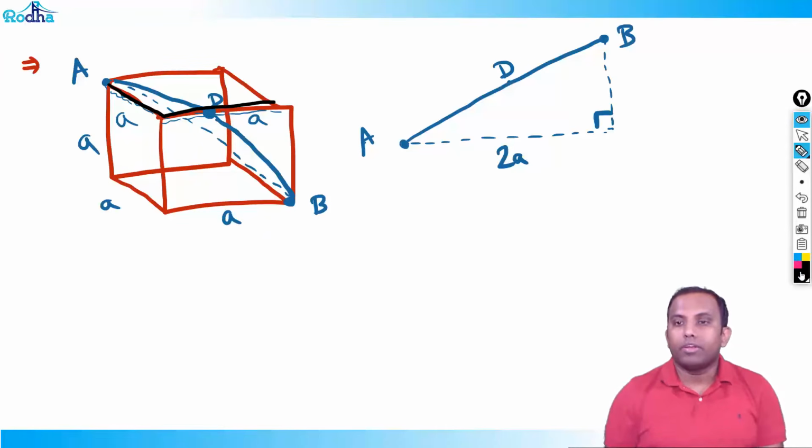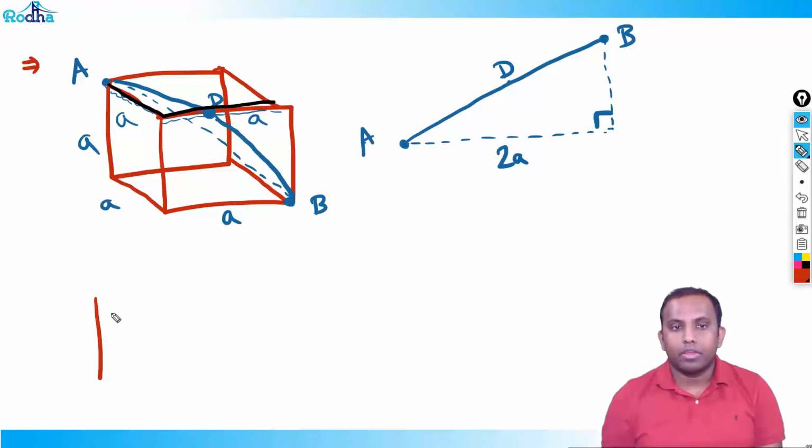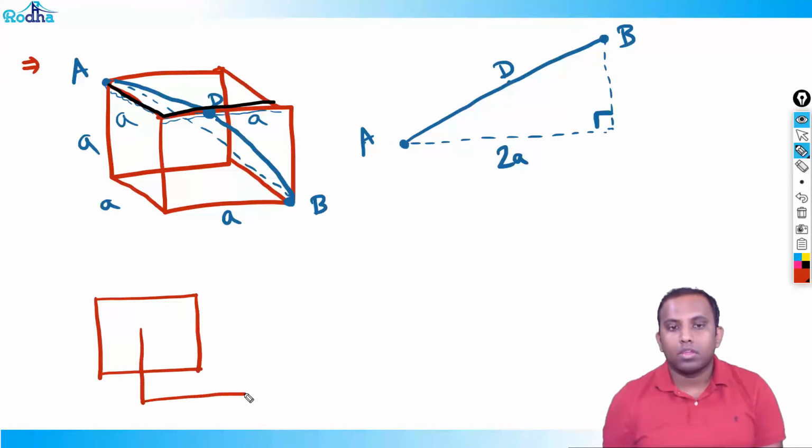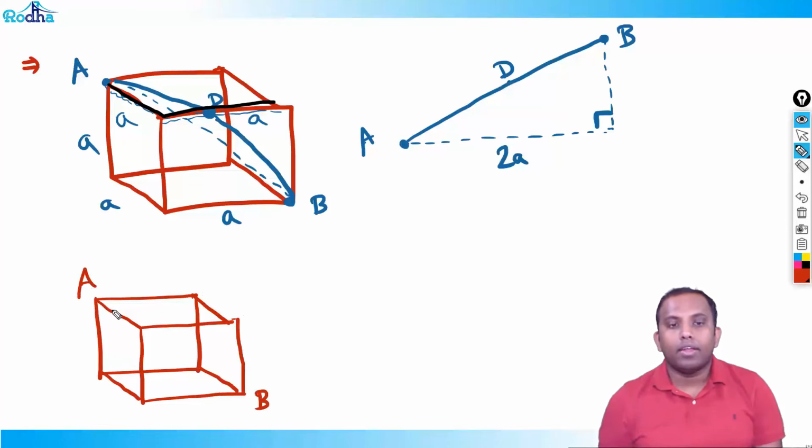If you didn't get this point, let's see. I'll draw again and show you. Quite simple to understand, though it may be difficult in the first go. See, this is a cube. Ant has to travel from A to B. Suppose I open up this side.